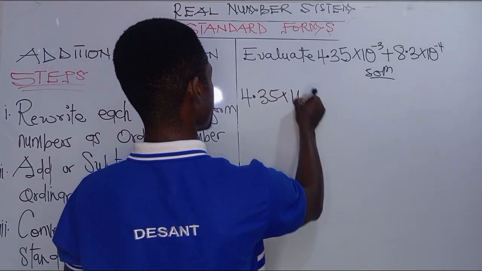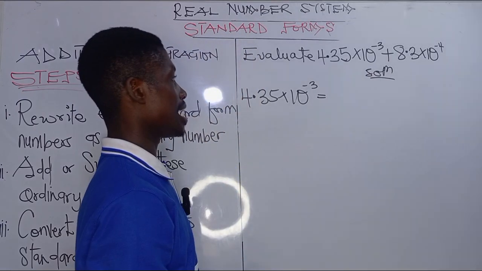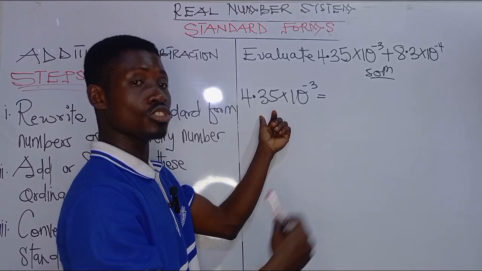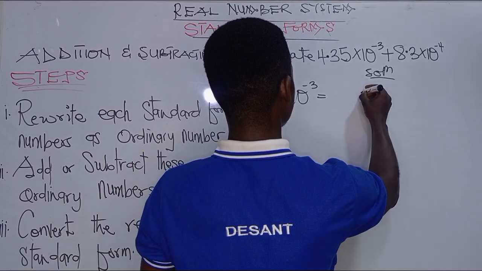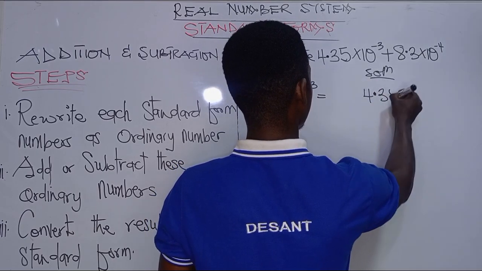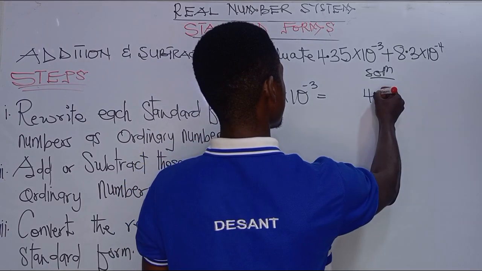4.35 times 10 raised to the power negative 3. And we have learned that a negative power of 10 tells us that we have to move the decimal point to the left. So we have 4.35. We are going to move the decimal point 3 places to the left.